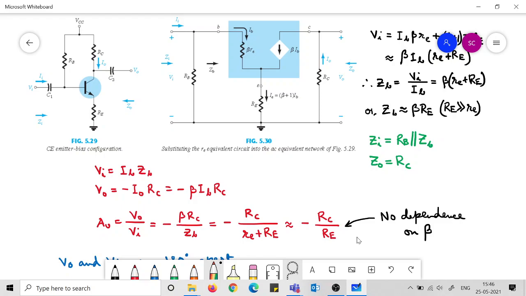resistances in the network. So these are the resistances you are supplying in the network. So the gain of the entire configuration is completely in your hand, irrespective of what transistor you are using.